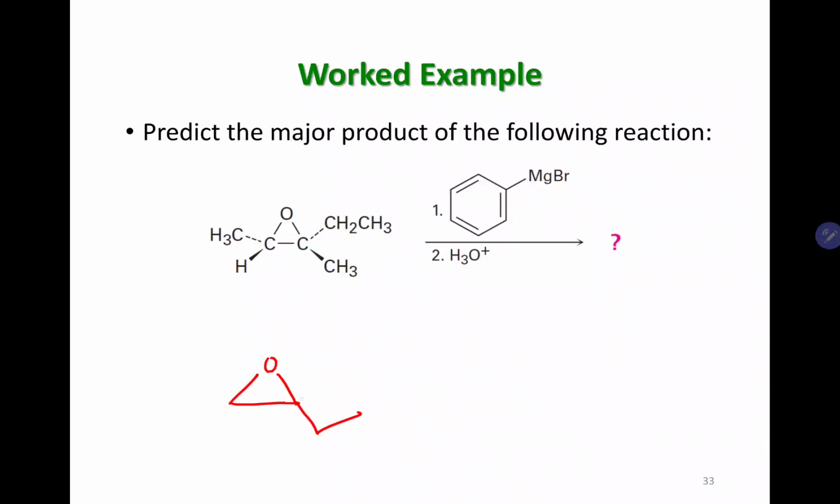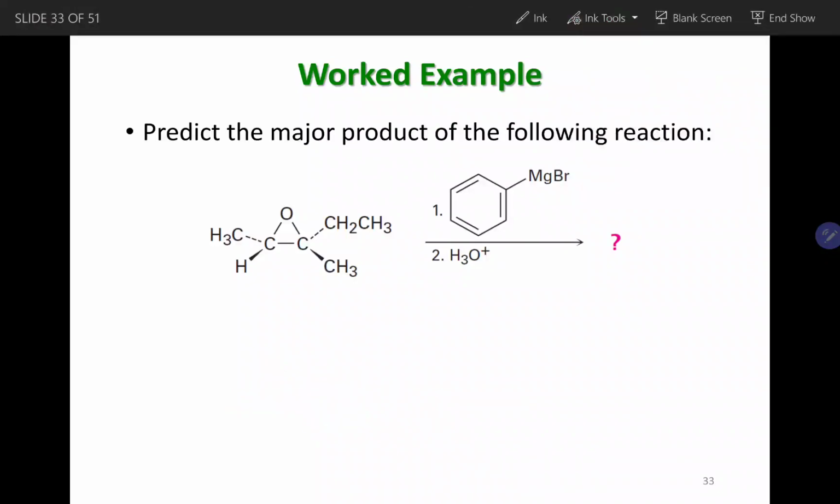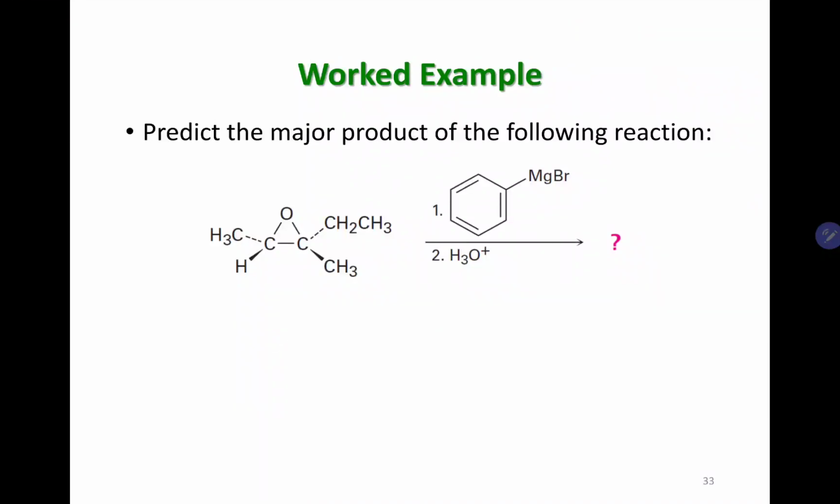On one side of the ring you have an ethyl group and a methyl group, sorry. One side of the ring has a primary carbon, the other side has a secondary carbon and a tertiary carbon.